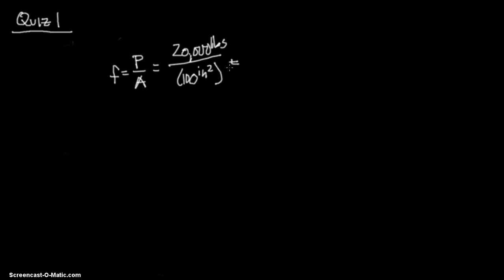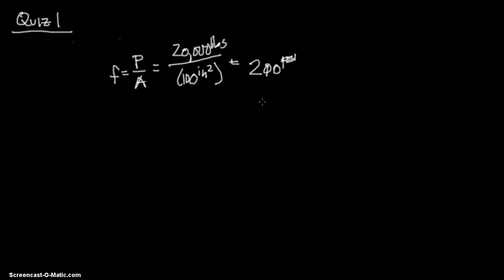So the area is 100 square inches, because 10 times 10 is 100. And we get for our stress 200 pounds per square inch, 200 psi, which is letter C. So C is our answer for number 7.